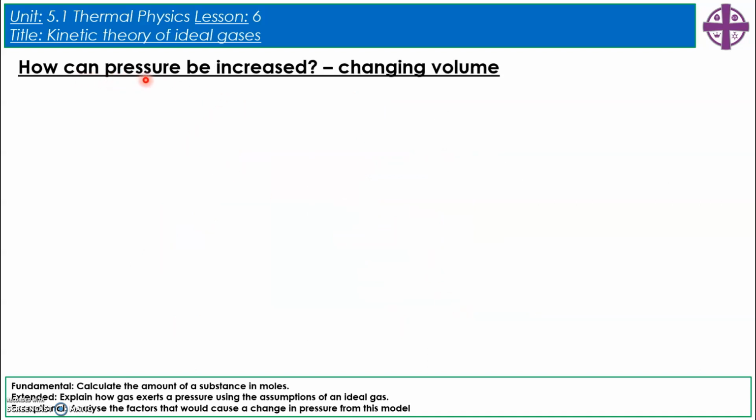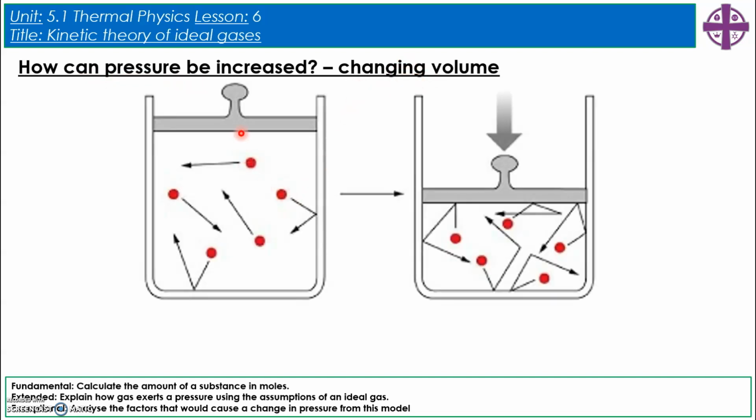How can you increase the pressure by changing the volume? Well, imagine these are my 5 particles, and at first they're in a pretty big box with a large volume. If I decrease the volume, the particles are not necessarily going to be moving any faster. I'm keeping it at the same temperature, so they're not moving any faster.